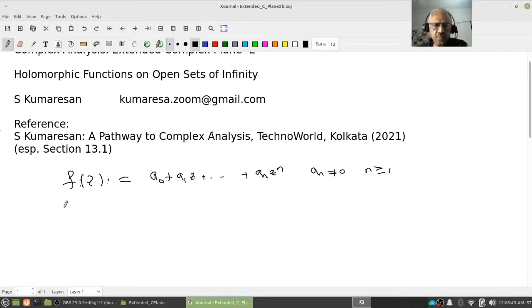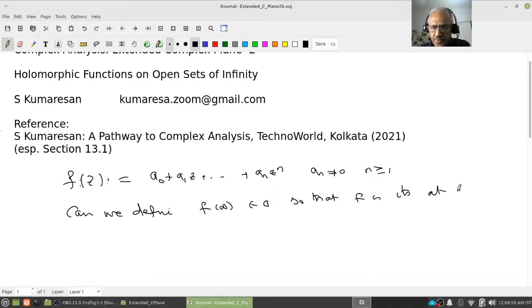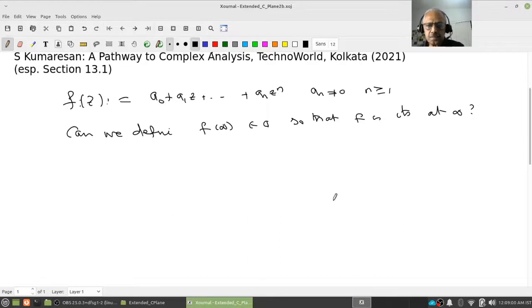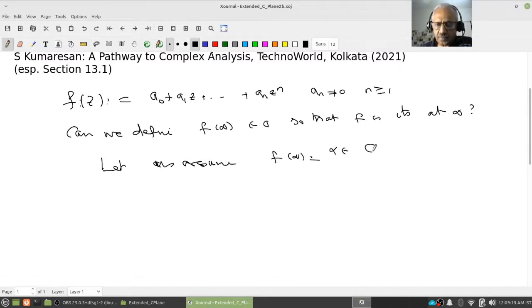I want to know, can we define f of infinity, a complex number, so that f is continuous at infinity? So let us assume f of infinity equals alpha, a complex number.